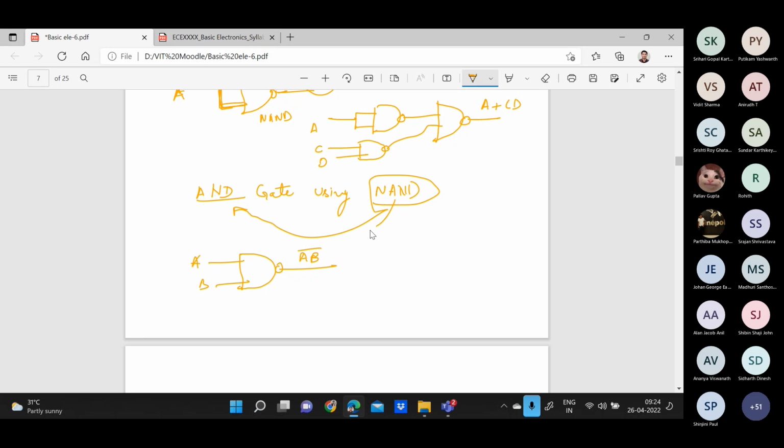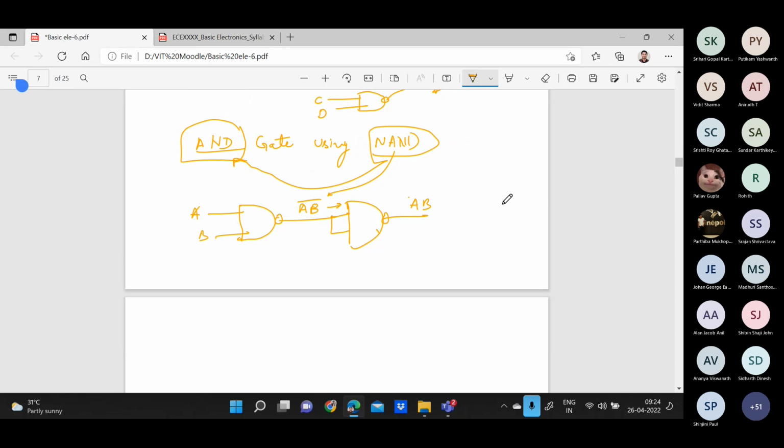This is the NAND gate, right? I want to design an AND gate. So what I will do? I have to take the bar or complement. So you can get AB. So what I will do? I will combine these two terminals. As I told you, if you combine the terminals, you will get a NOT operation and you will get AB here. Okay. So like that you can do the NAND gate logic implementation.